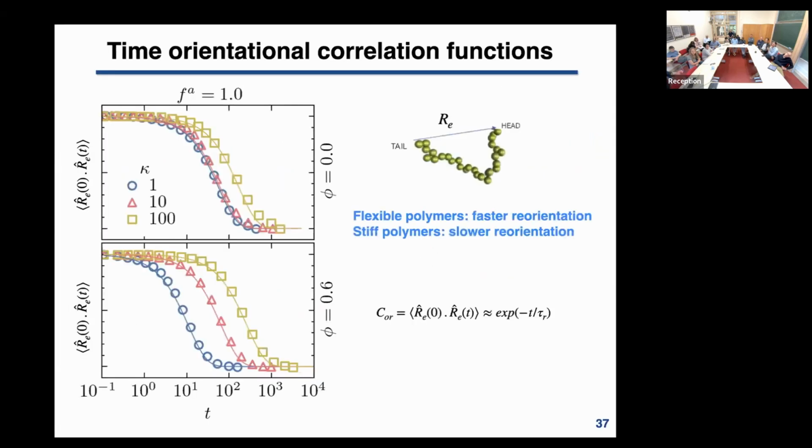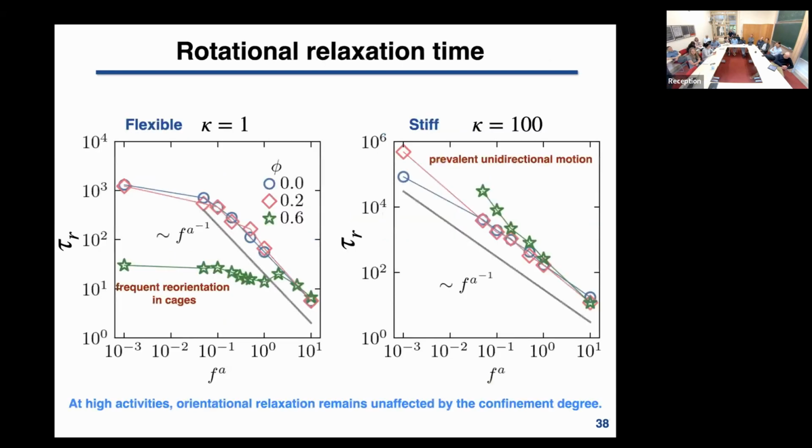And then we look also at the orientation of the end-to-end vector. It's almost exponential. It seems to be like the rotational relaxation time. And this is what I have shown.